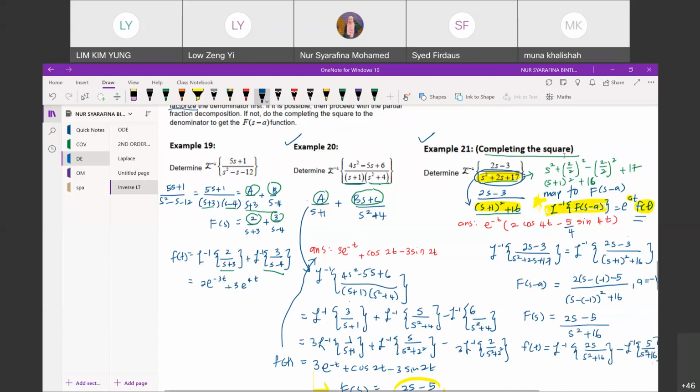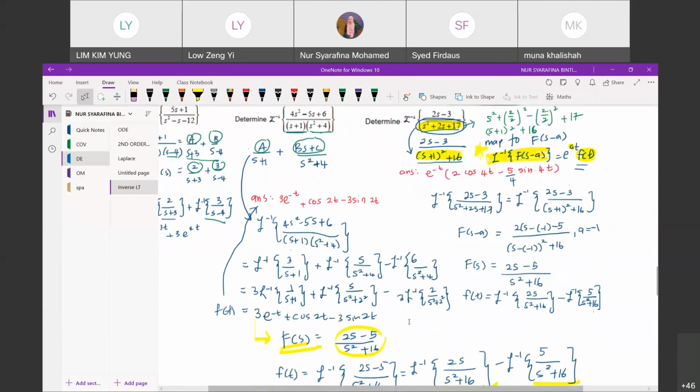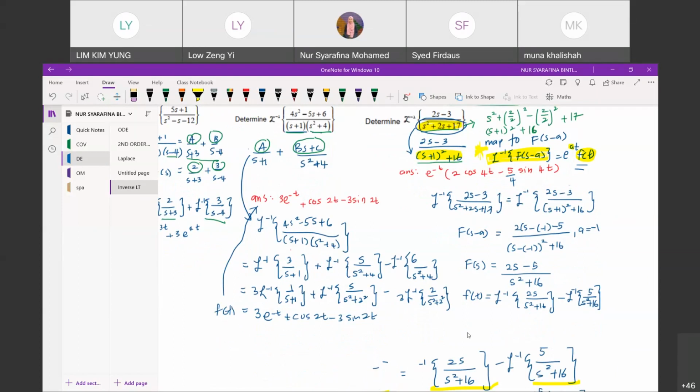So this 2 put outside. This one, s squared plus 16, is 4 squared, so it is cos 4t.